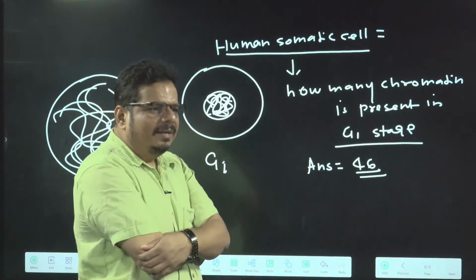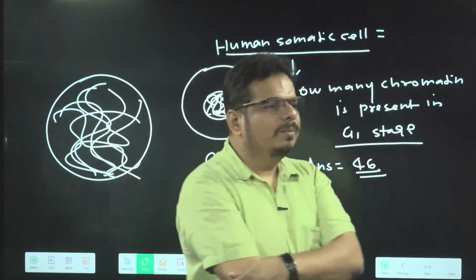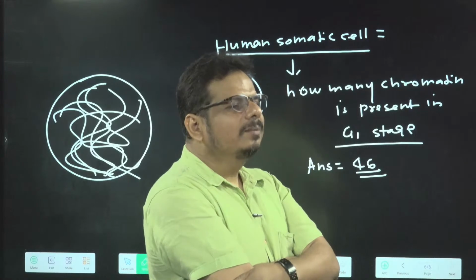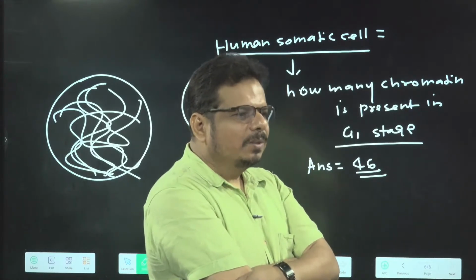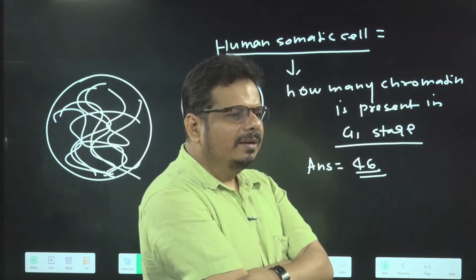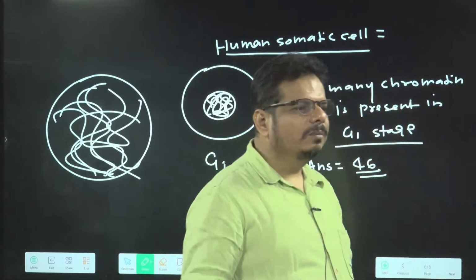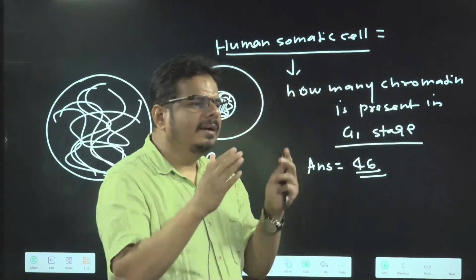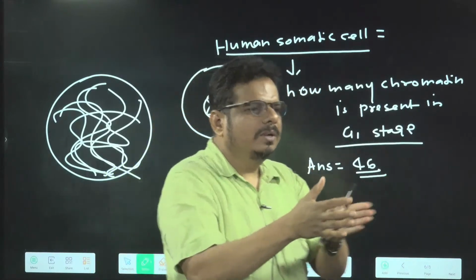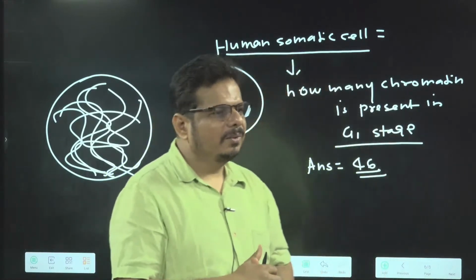You know in your somatic cell 46 chromosomes are there. This chromatin condenses and forms chromosome, so 46 chromatin condense and form 46 chromosomes.